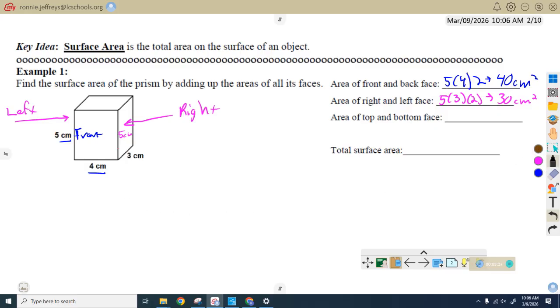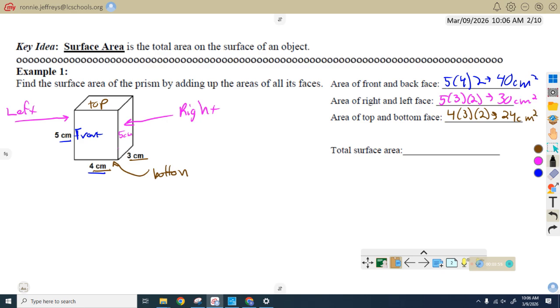All right, then we have the top, and somewhere under here we have the bottom, and that's these two measurements. So we could say 4 times 3 times 2. Well, 4 times 3 is 12, times 2 is 24 centimeters squared.